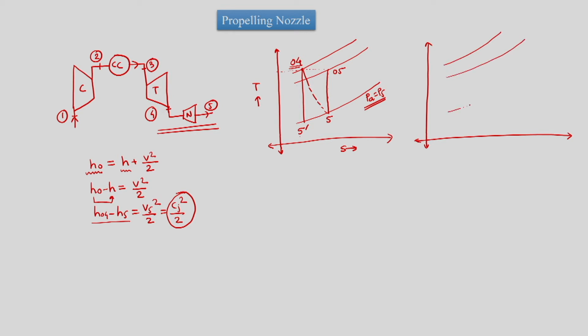So we are here in state 04. This is P04, this is P05. So gas expands from 04 till 5 dash isentropically.